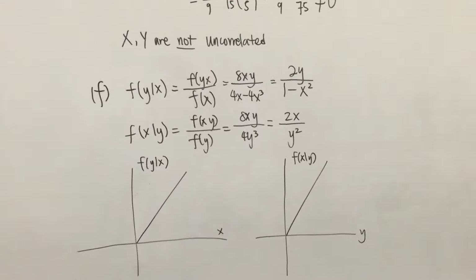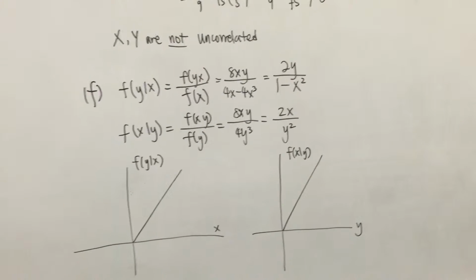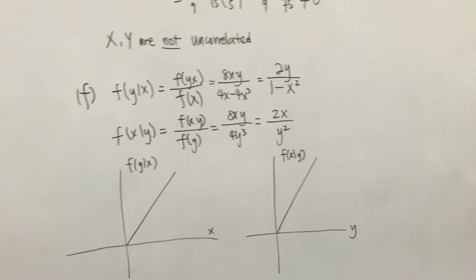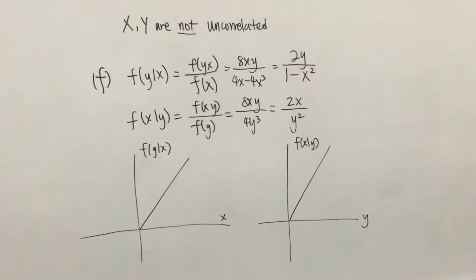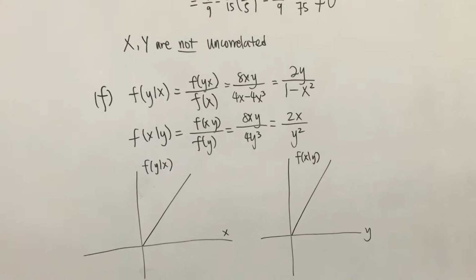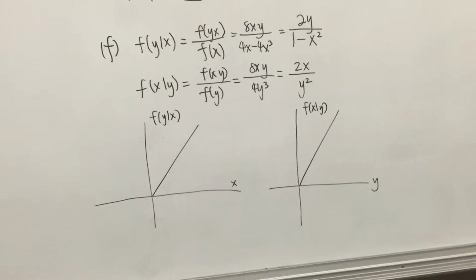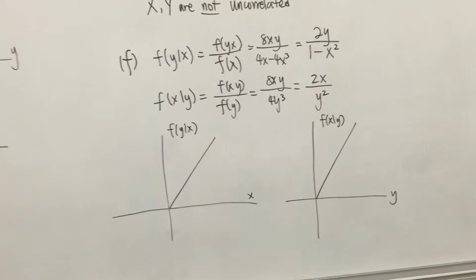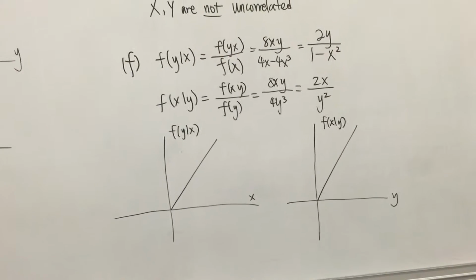Similarly, the conditional density function f of x given y is the same way, except the denominator is f of y, and that would be 2x over y squared.